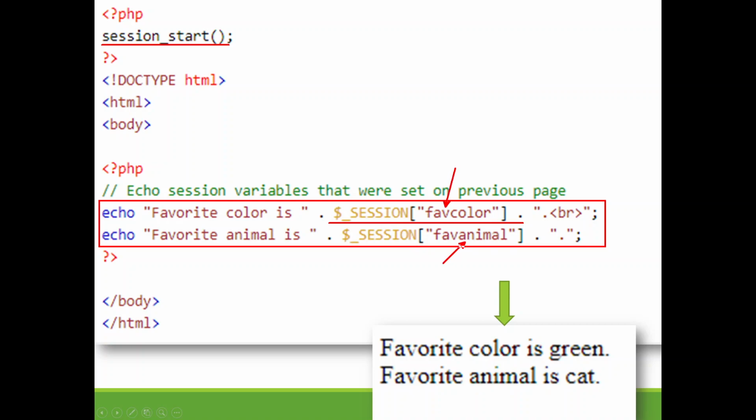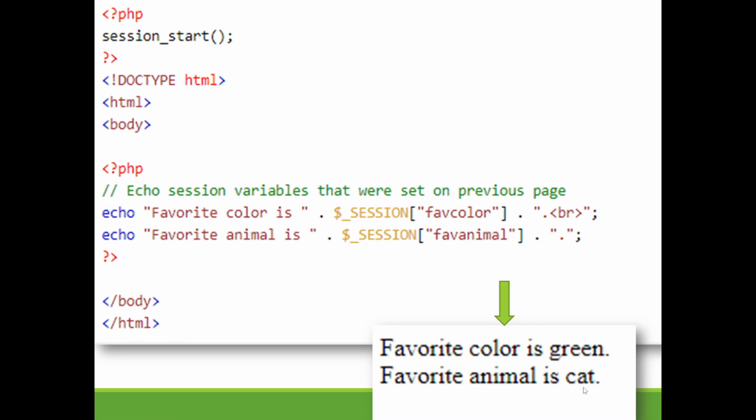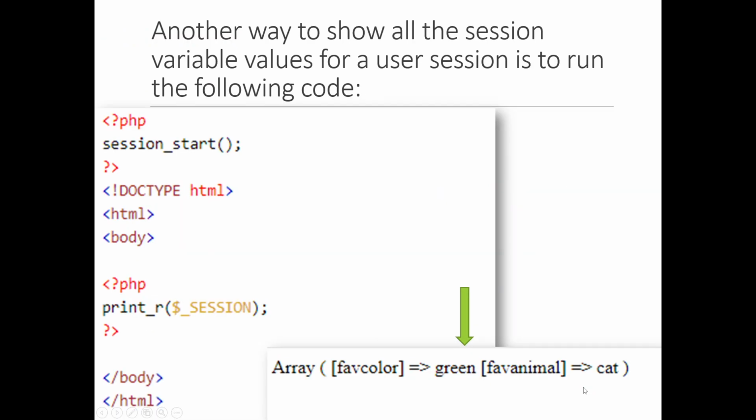Similarly here, the name of the session variable. If we do that, it's going to print out favorite color is green and favorite animal is cat.